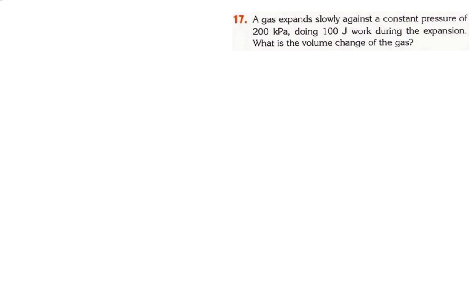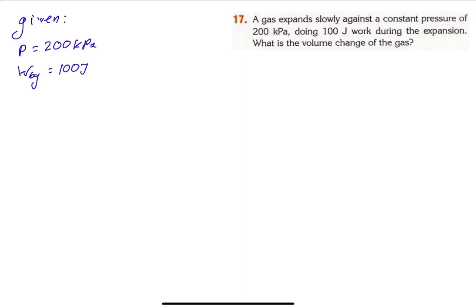Question 17. A gas expands slowly against a constant pressure of 200 kilopascals, doing 100 joules of work during the expansion. What is the volume change of the gas? So given is pressure, which is 200 kilopascals, and work done by gas, which is 100 joules.